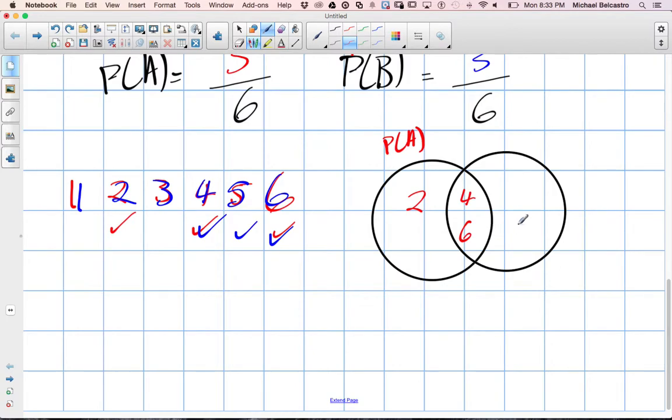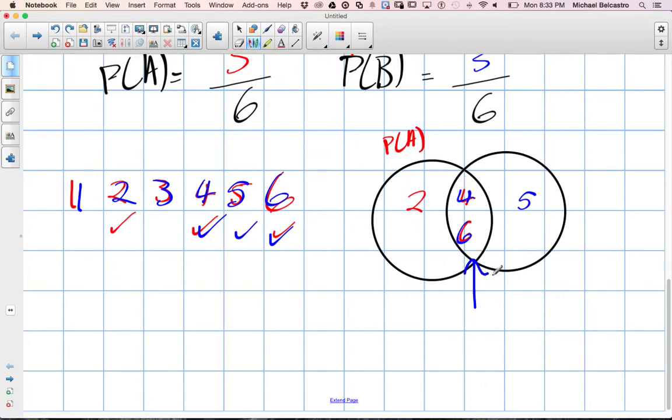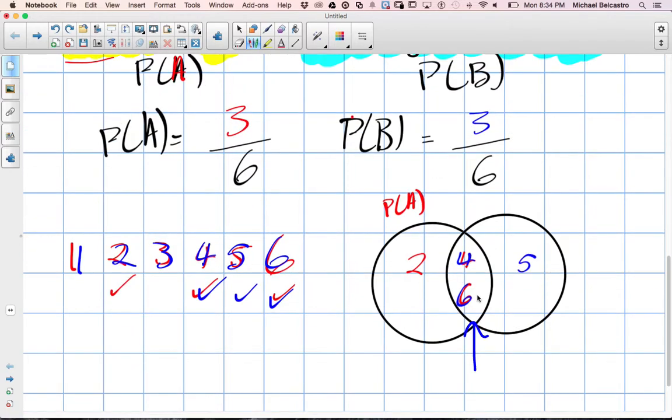And then numbers greater than 3 were 4, 5, and 6. So there's that idea of 4 and 6 being double counted when we look at our probabilities here.